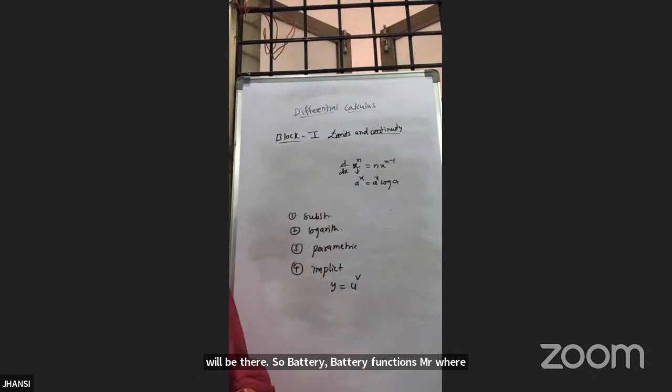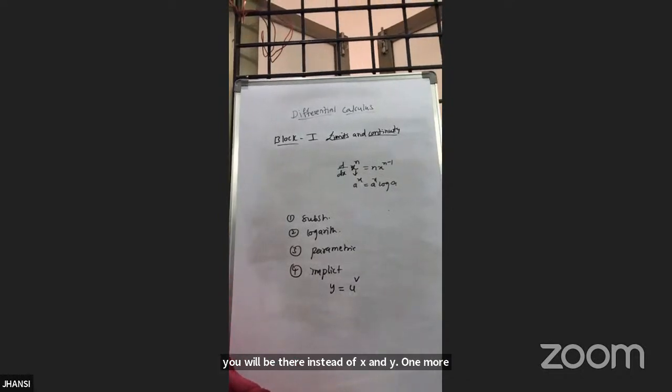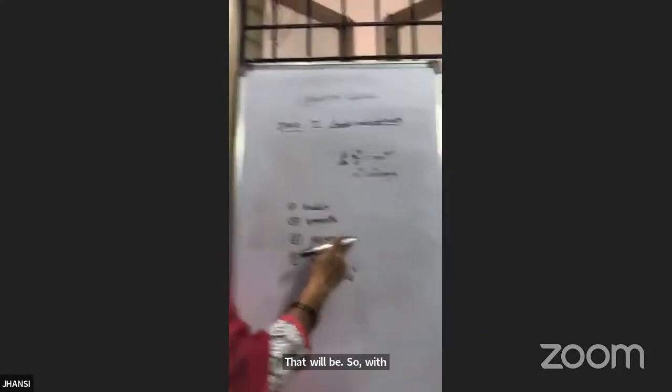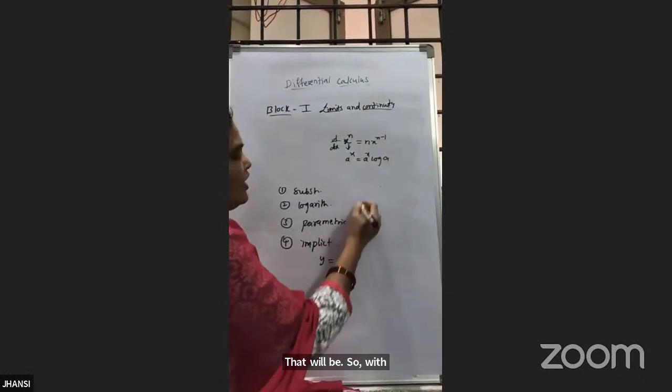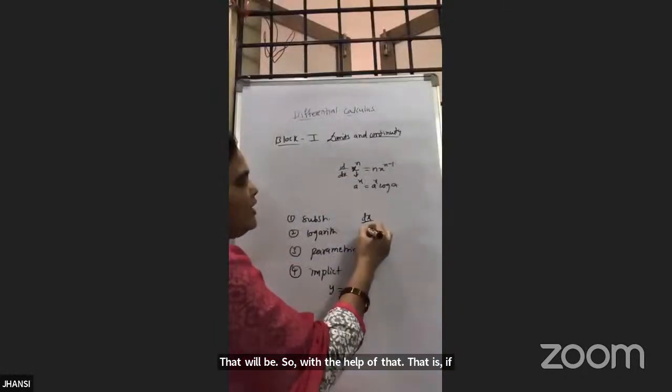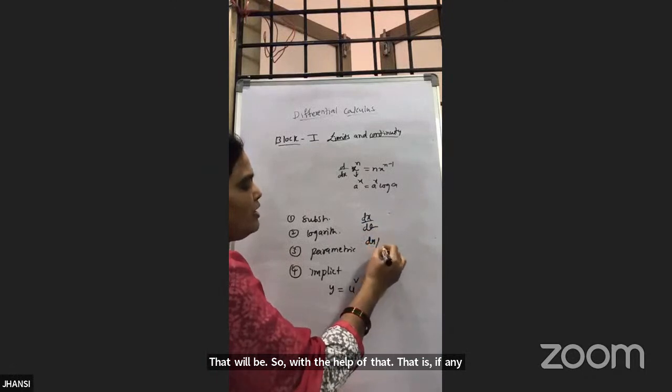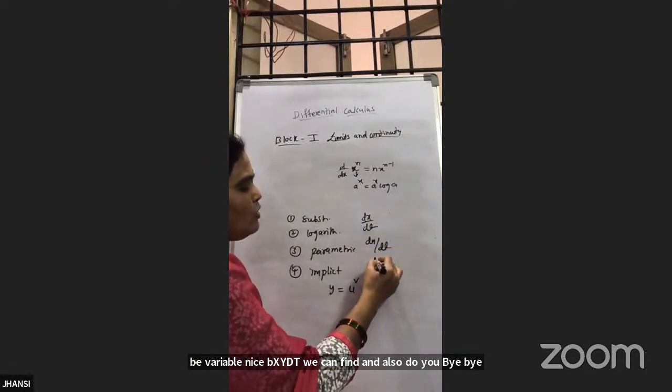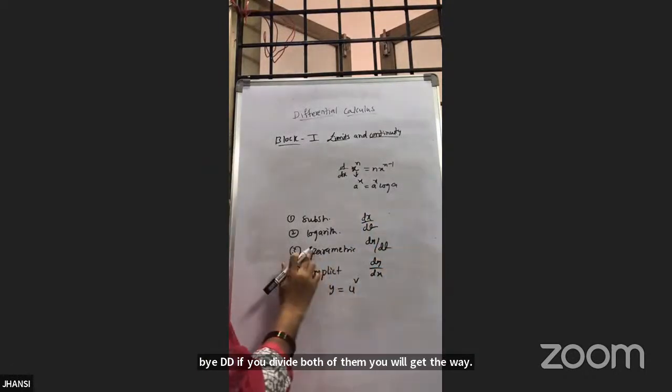Parametric functions means a third variable will be there instead of just x and y. One more variable, that will be t. With that variable t, we can find dx by dt and also dy by dt. If you divide both of them, you will get dy by dx. That is the concept of parametric differentiation.